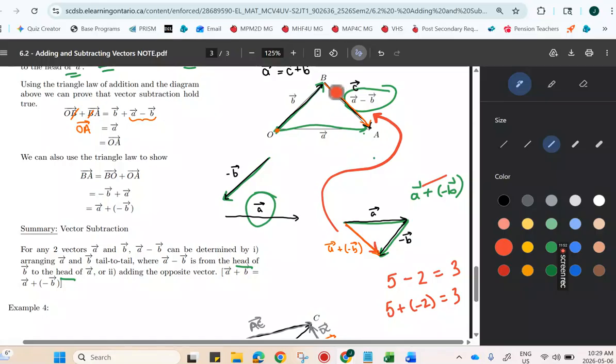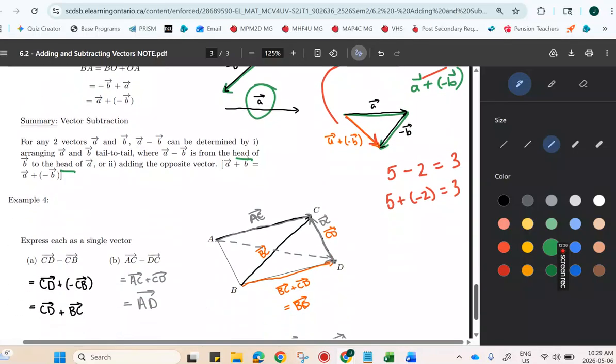But what ends up happening is it ends up being head to head, because if you're starting at A and you're subtracting B or adding negative B, you're trying to remove that vector B, so negate it, which means you need to add this vector to bring it back to just vector A. That green vector I just drew represents vector A minus vector B.